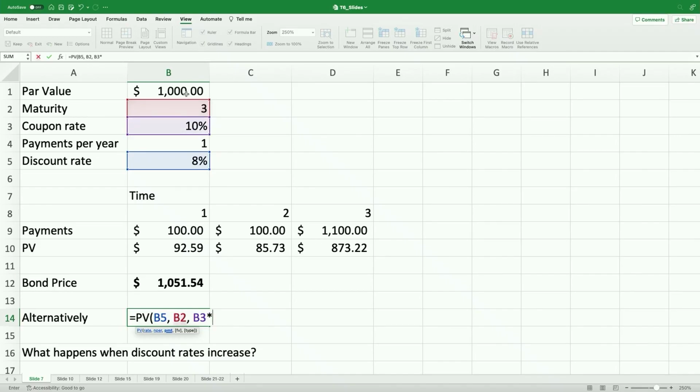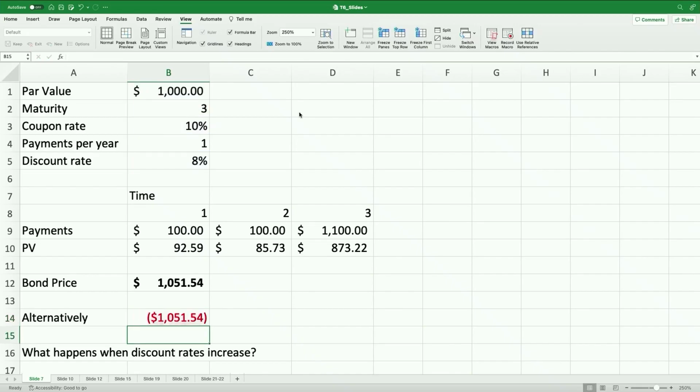Formulaically, 10% times the 1,000. And then remember, I can put in that big FV. In this context, think of this as the face value, right? That big lump sum payment at the end is the 1,000. Close parentheses, and I get the same $1051.54. Okay. So 2 paths to exactly the bond's economic value, $1051.54.